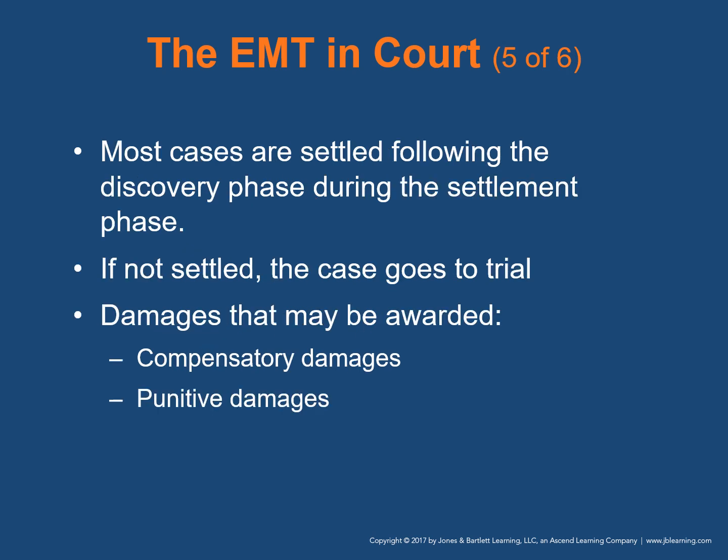Most cases are settled following the discovery phase during a settlement phase and do not go to trial. For those that go to trial, several types of damages may be awarded. There are compensatory damages that are intended to compensate the plaintiff for injuries that he or she sustained, and there are punitive damages which are intended to deter the defendant from repeating the behavior and are reserved for cases where the defendant has acted intentionally or with a reckless disregard for the safety of the public.